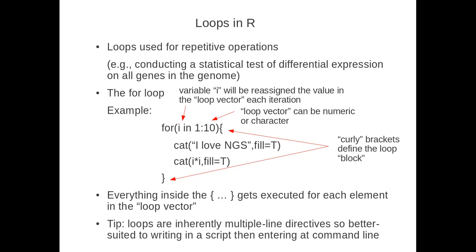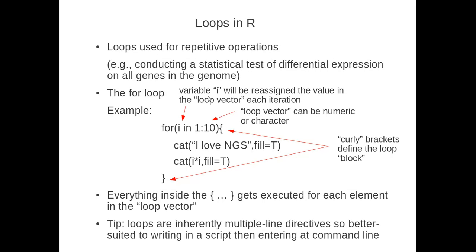But in any event, you can loop through every gene in the genome and calculate whatever statistic or p-value you want on a gene-wise basis. Okay, but somehow you have to take a lot of data and loop through, iterate over, each gene.